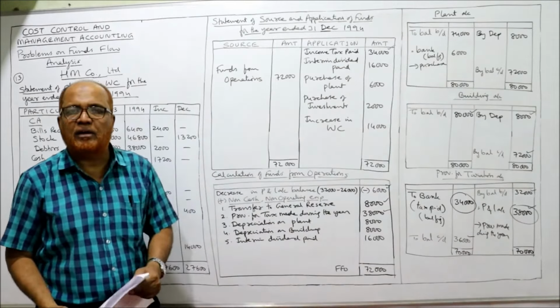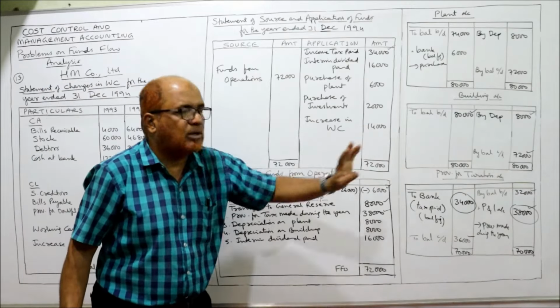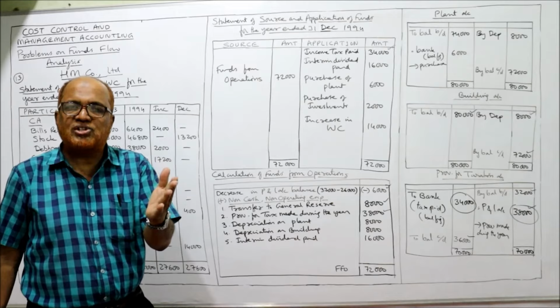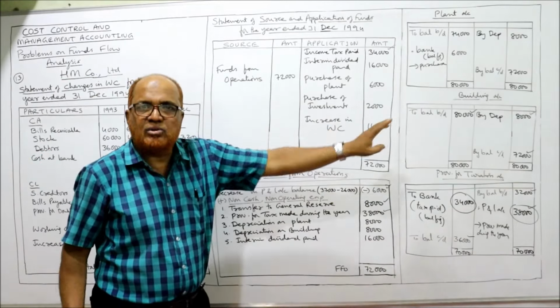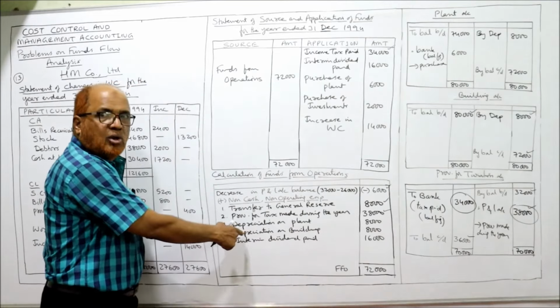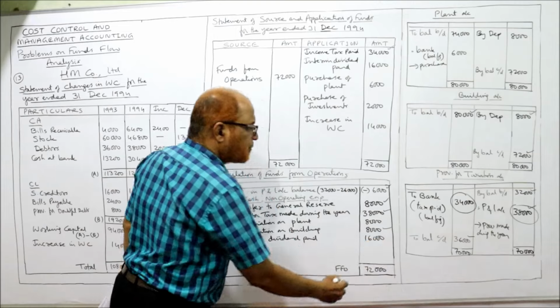No balancing figure. Debit side and credit side totally same, 80,000, 80,000. Neither purchase of building nor sale of building. Only depreciation 8,000 is there. That depreciation is a non-cash item. So depreciation on building 8,000.